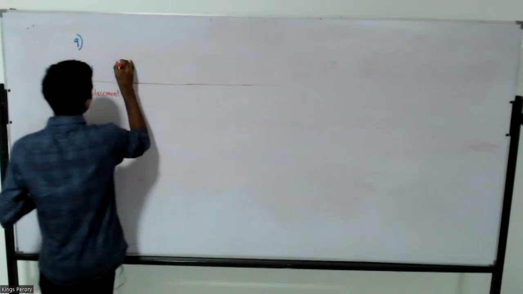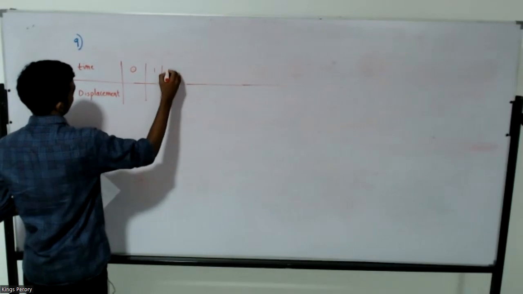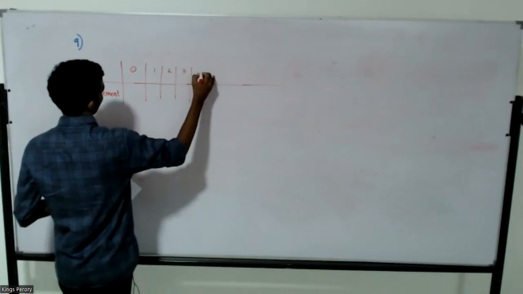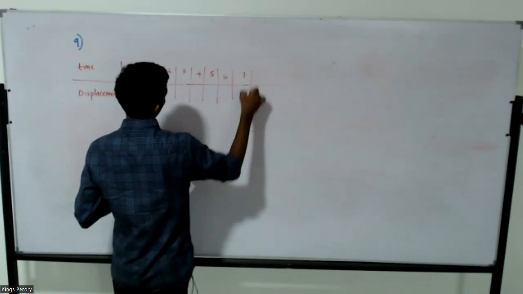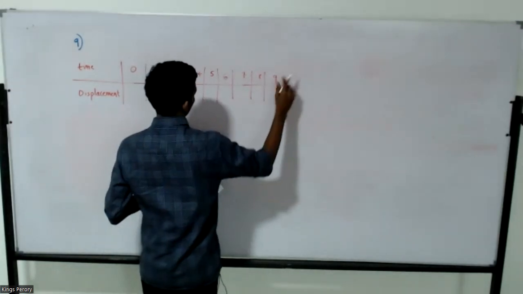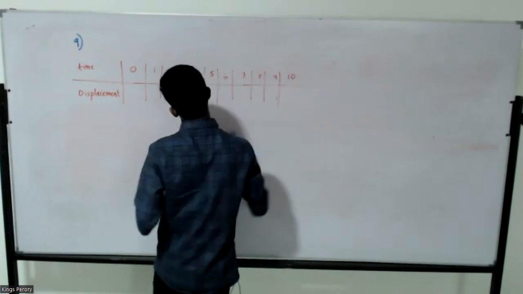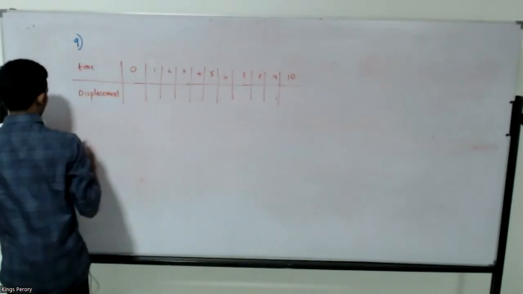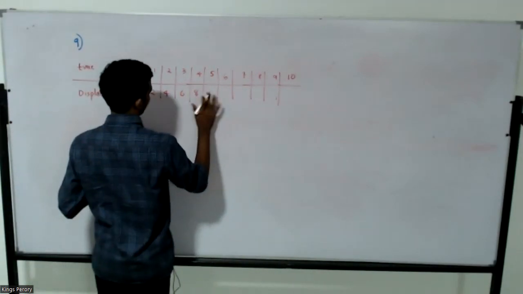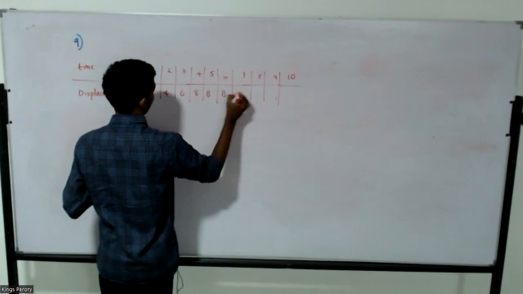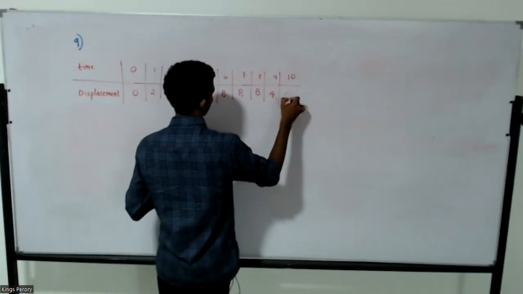Time, I told you, can't ever change it. 0, 1, 2, 3, 4, 5, 6, 7, 8, 9, 10 seconds. Displacement: 0, 2, 4, 6, 8, 8, 8, 8, 8, 4, 0.